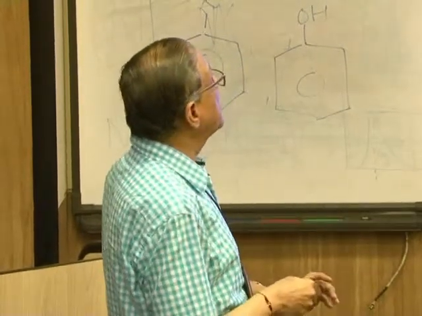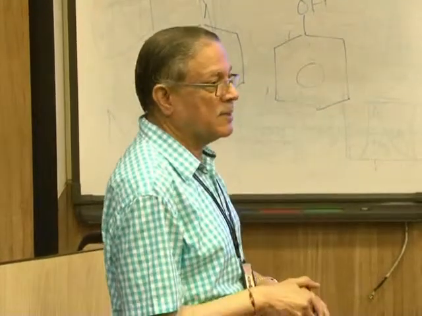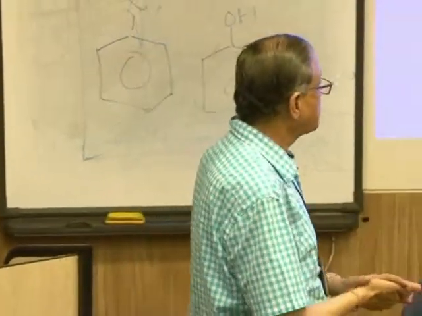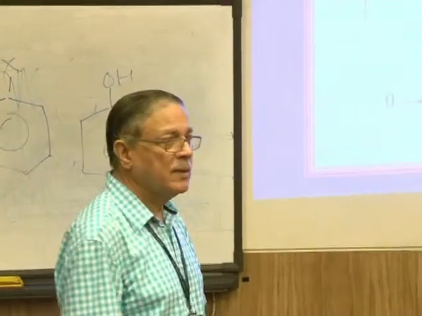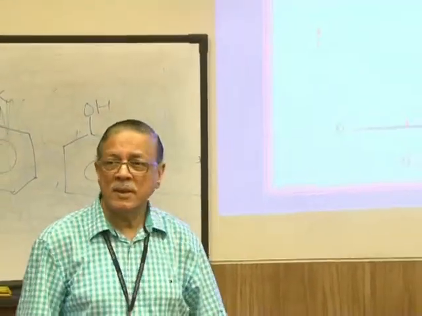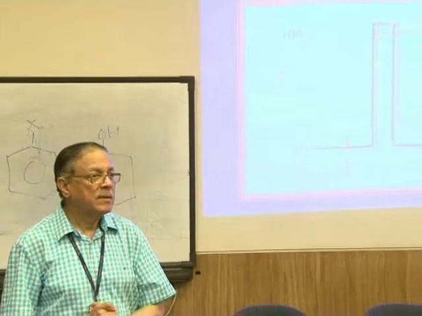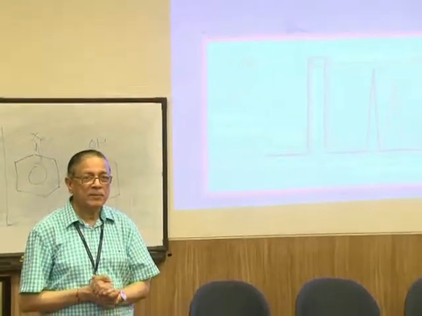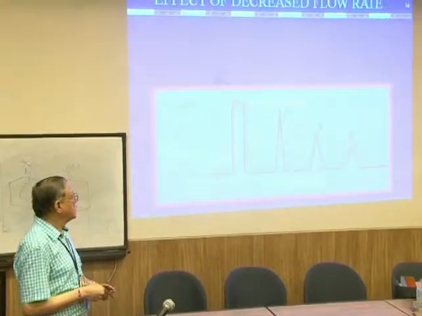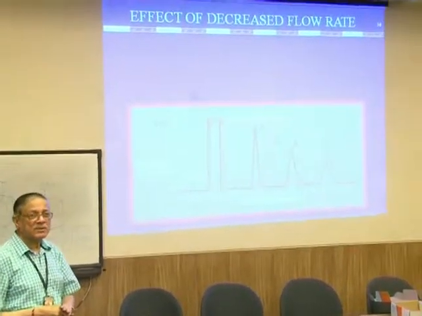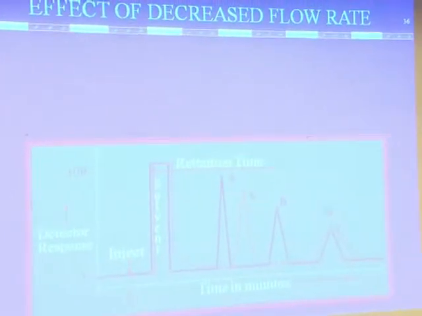Okay. Now, the effect of decreased flow rate. We know that. The graph shown in bold line is at the original flow rate of the mobile phase, that is, the carrier gas. However, if it decreases, naturally the retention times of solutes also will increase.